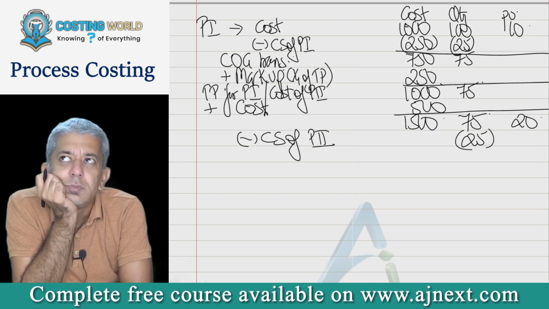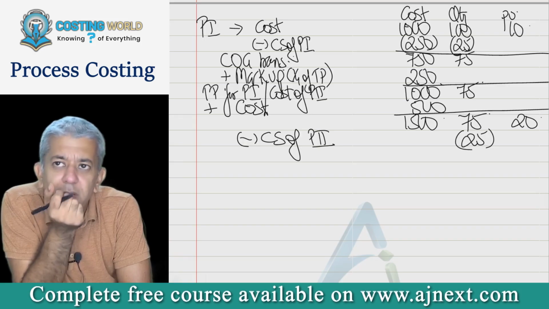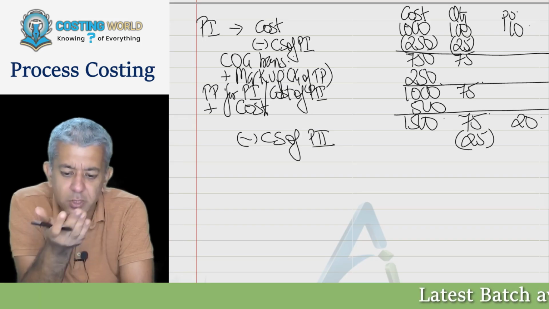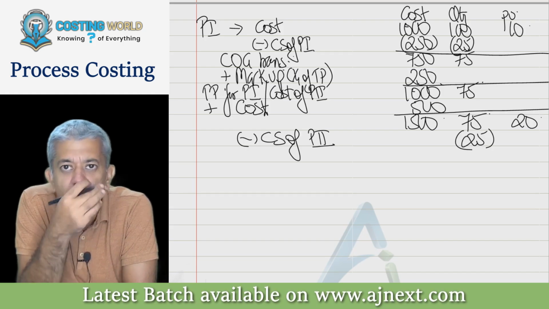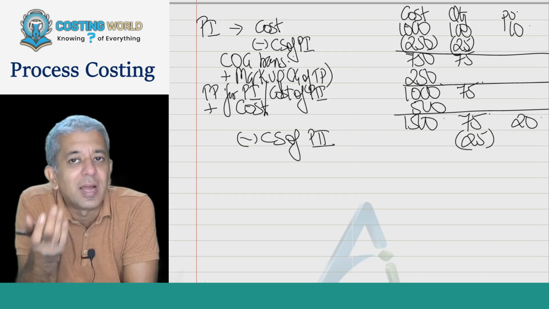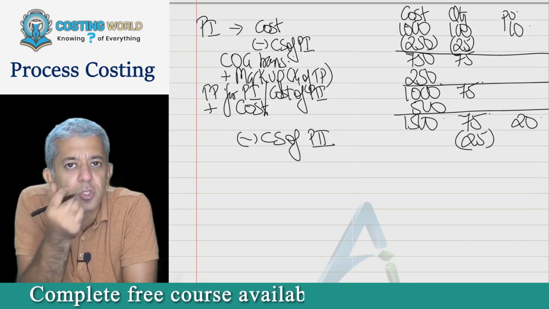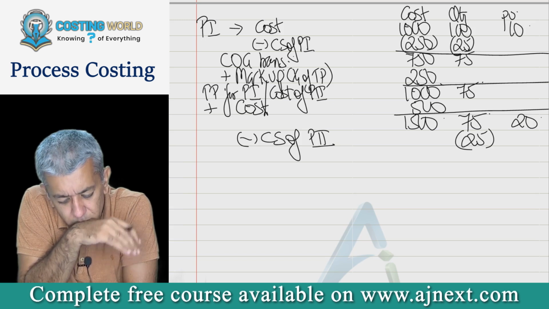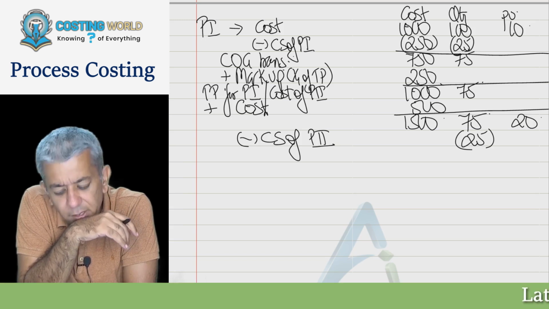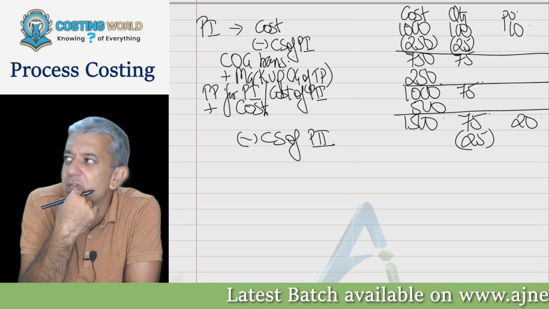Now, stock has to be valued. Everybody values the stock at their own cost. This is stock of process 2. Stock of process 2 will be valued at cost to process 2. So tell me, what is the cost of process 2 per unit? 20. So take your calci, 25 units at the rate of 20.